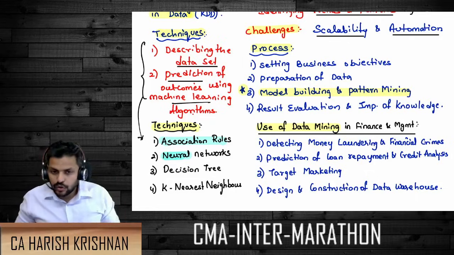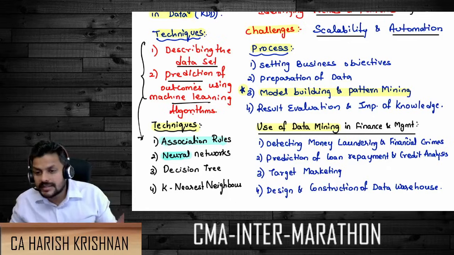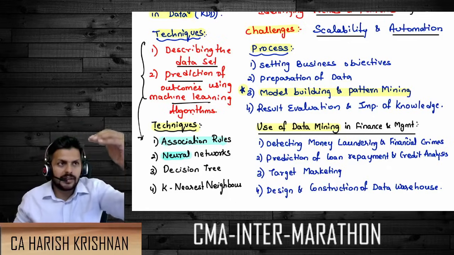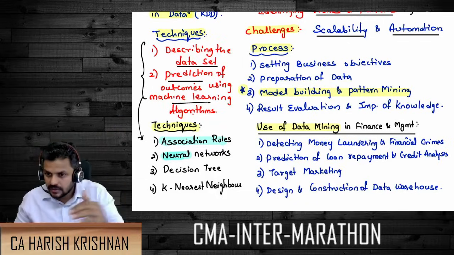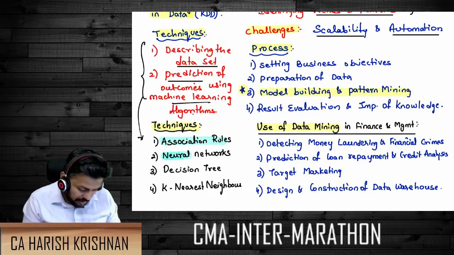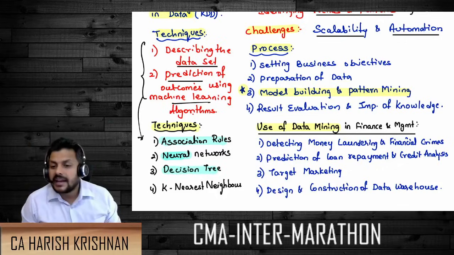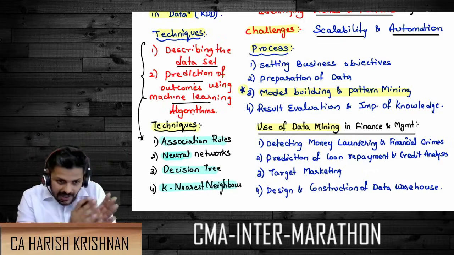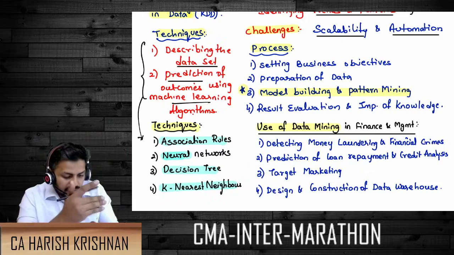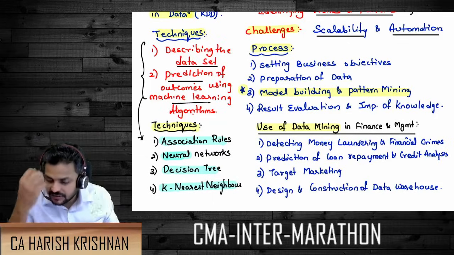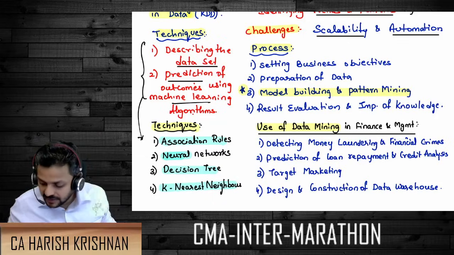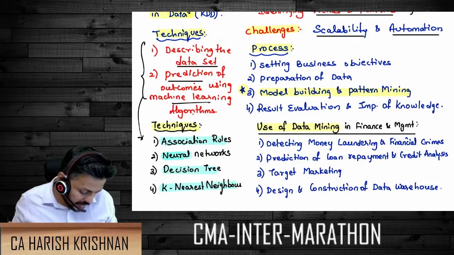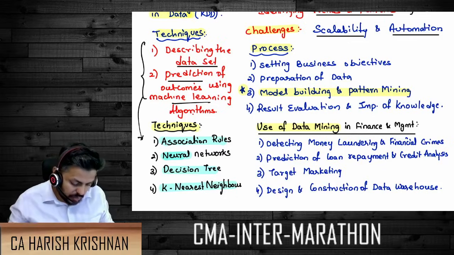Or you can go through an old school technique called decision tree, where the root starts at a particular point, and then if yes, no, yes, no, it goes like a tree structure. And then KNN, which is the K nearest neighbor. Our guys know this very well because I've explained to them how this works. K nearest neighbor is, for this condition, what is the nearest relative point or the nearest relation. Like that also you can find the depth involved in it. Okay, so that is the set of techniques that you can use to do data mining.